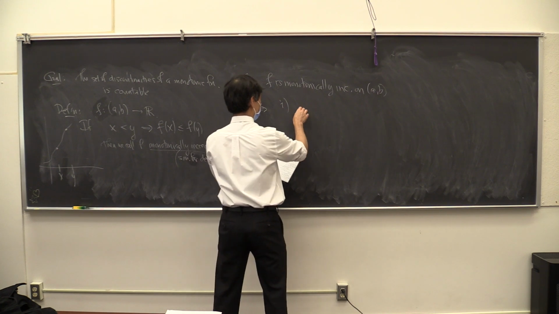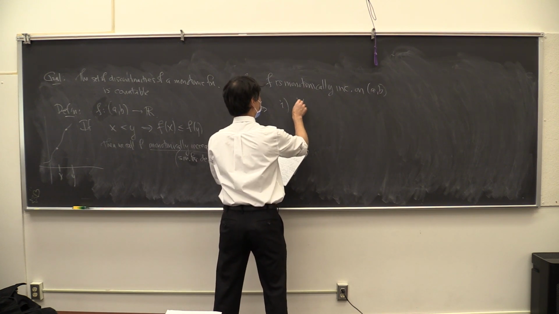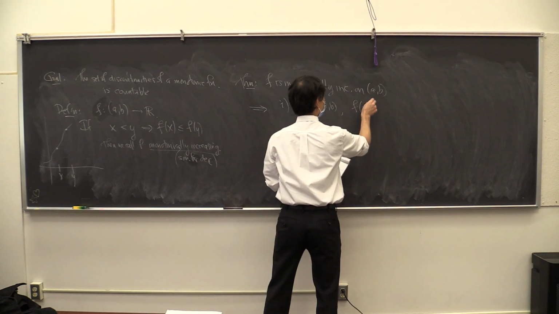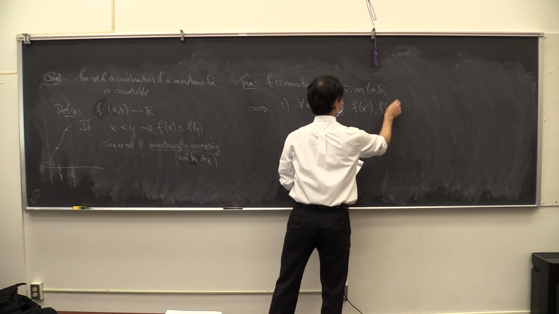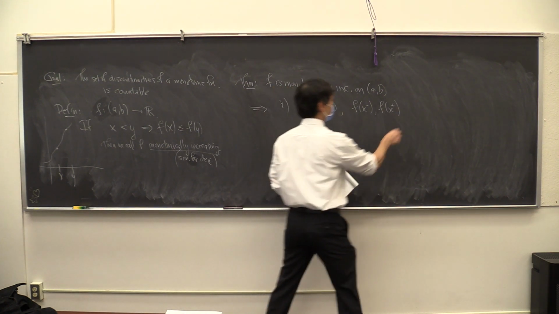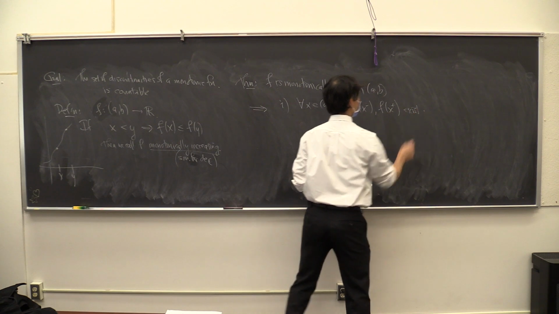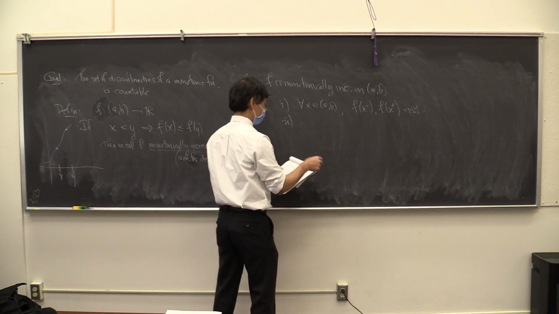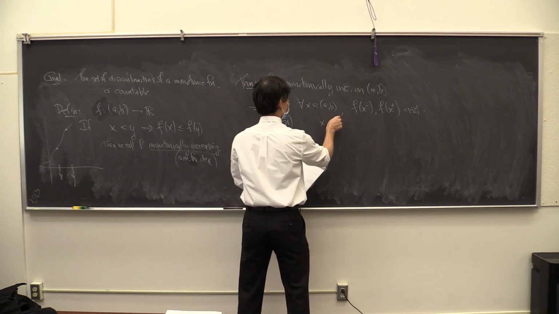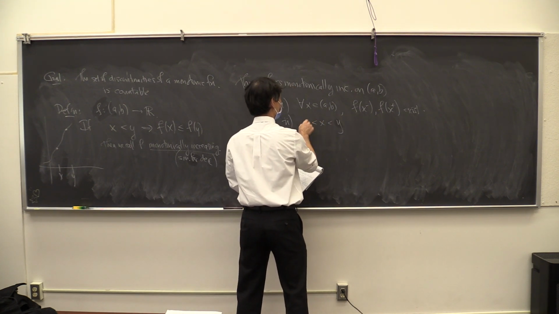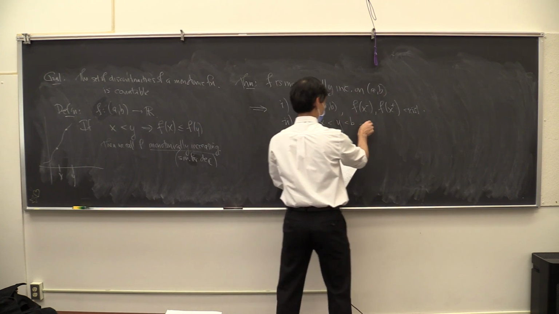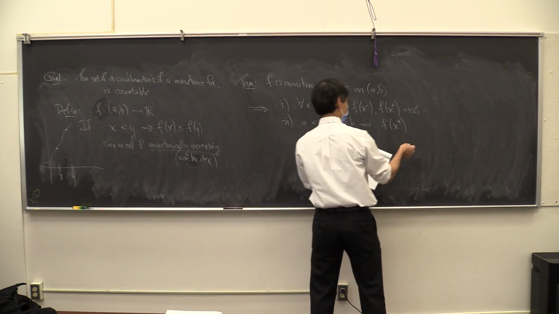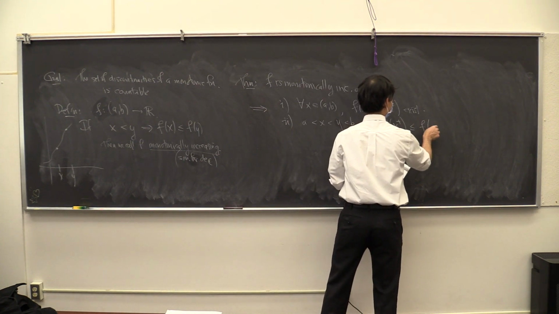One, for all x in the interval, the left-handed and the right-handed limits exist. Okay. And second, if you have two values, one less than the other, then the right-handed limit of the left guy is less than or equal to the left-handed limit of the right guy.